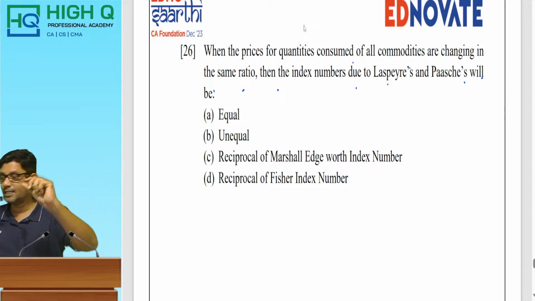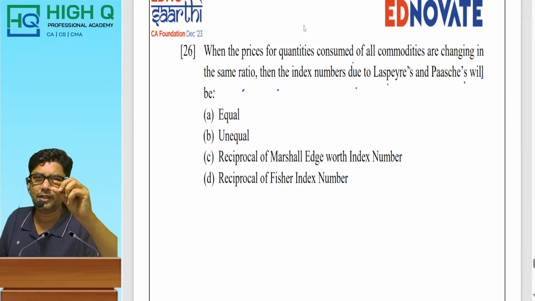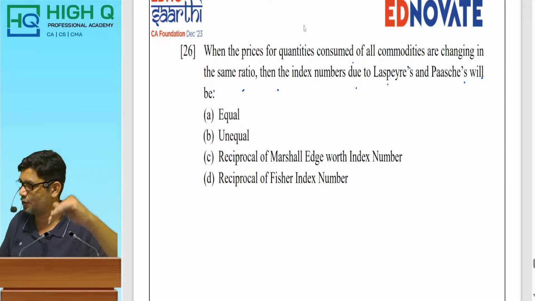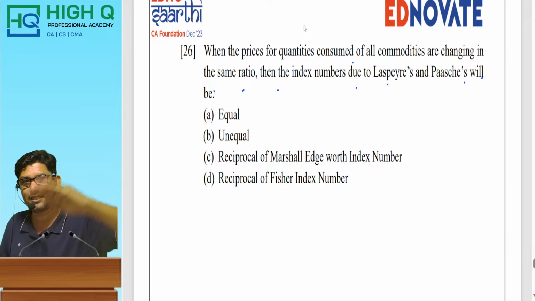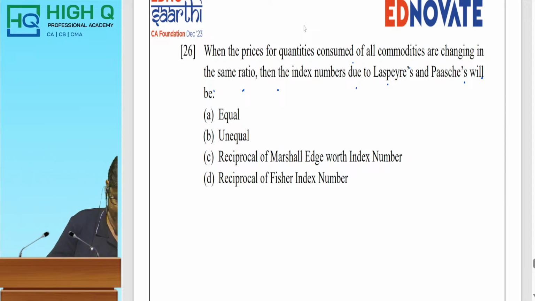Quantity is increasing in the same ratio. For example, if the first quantity increases by 10%, the second also 10%, the third also 10%, the fourth also 10%, everything is increased in the same ratio. Find.